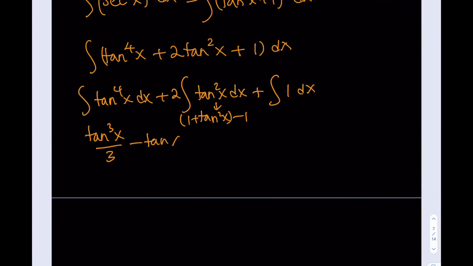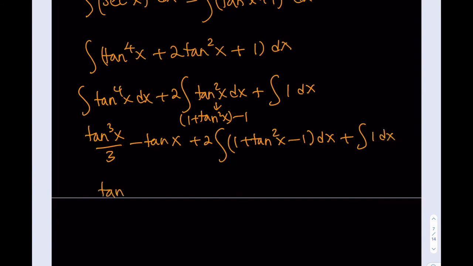Okay, here we go. We said that this is going to be written as 2 times the integral. Let me write it as an integral first so we don't get confused. You can just separate it like this, and then plus 1 dx. I could actually integrate that, but that's okay. Tangent cubed x over 3 minus tangent x.